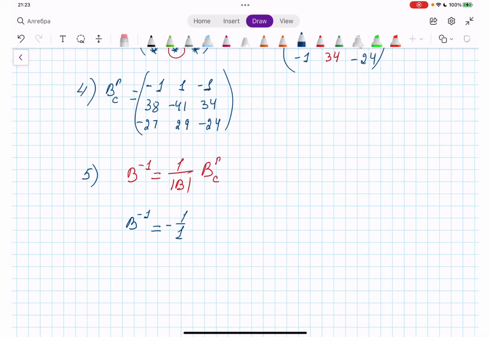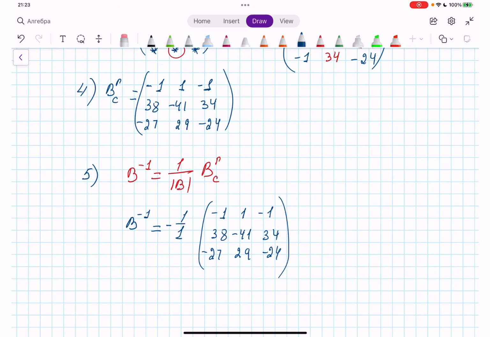And here we get negative 1, 1, negative 1, 38, negative 41, 34, negative 27, 29, negative 24.